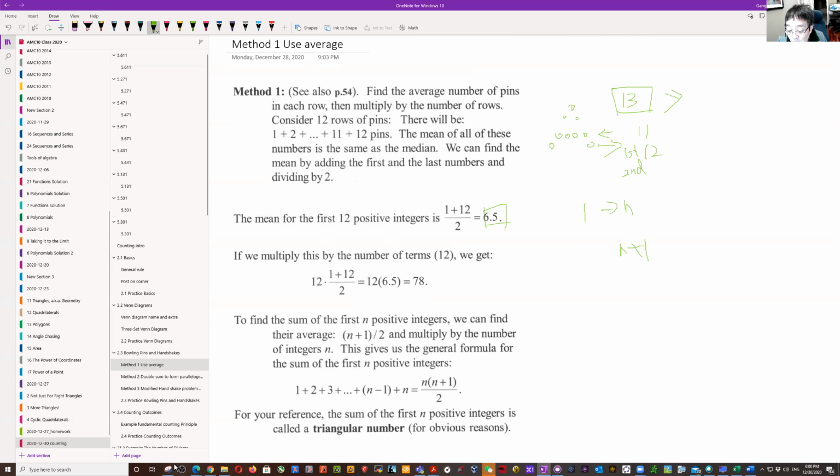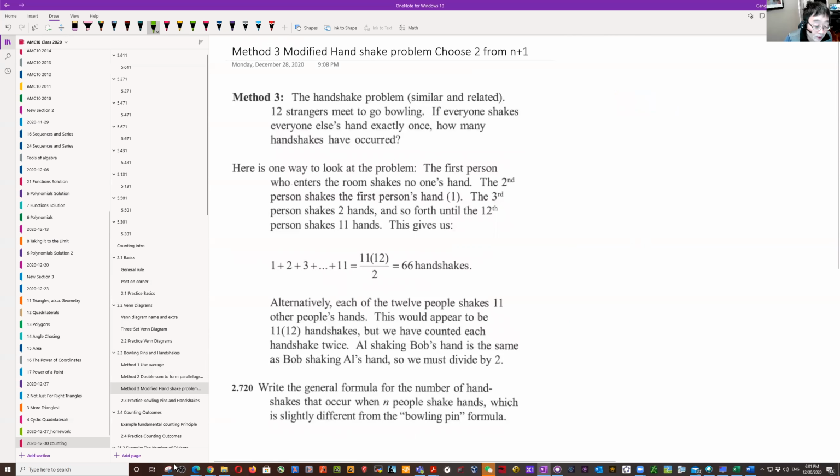N plus 1 person handshake is, statistically speaking, just a combination number.